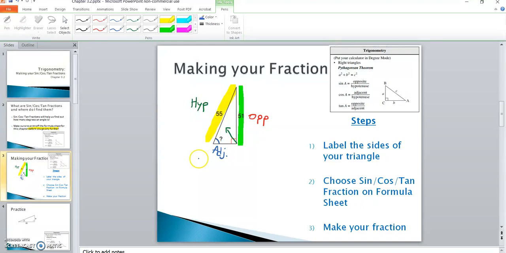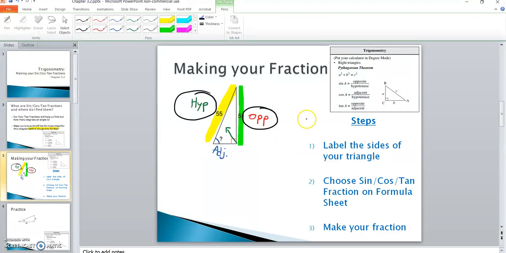So I want you to look on your formula sheet. I have copied one right here. And I want you to look at which sides of the triangle we have numbers for. So you'll notice that we have numbers for the hypotenuse and a number for the opposite.